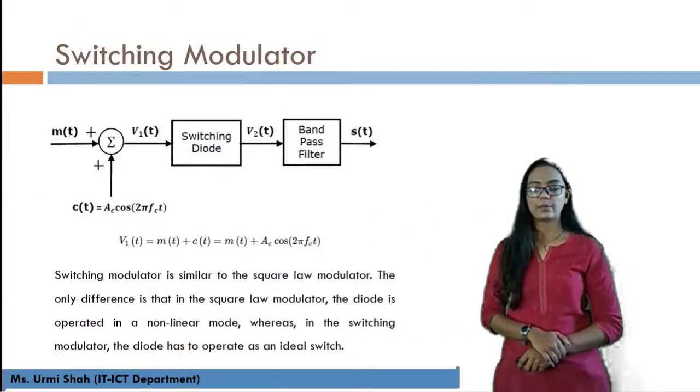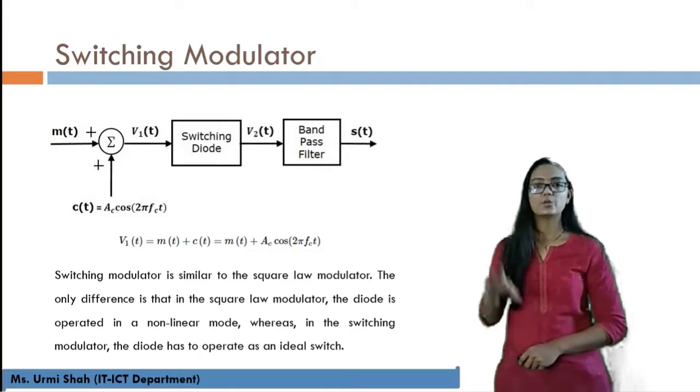Next we will be looking at another kind of modulator, that is the switching modulator. Basically the switching modulator applies the message signal and the carrier signal to one summer block, that is an addition block, and it passes the V1 of t signal to the switching device.